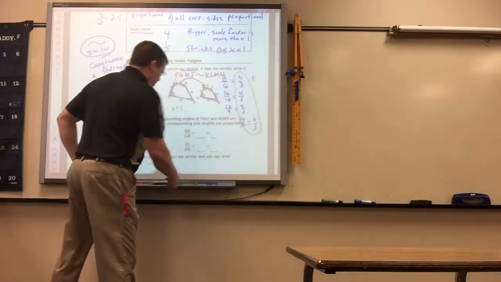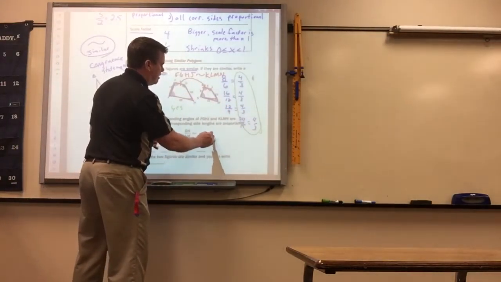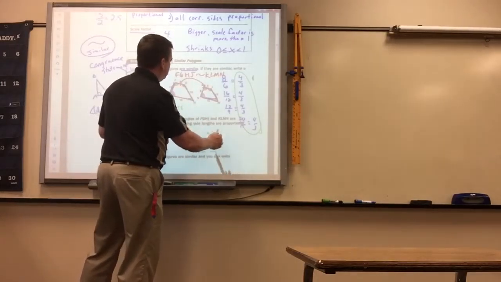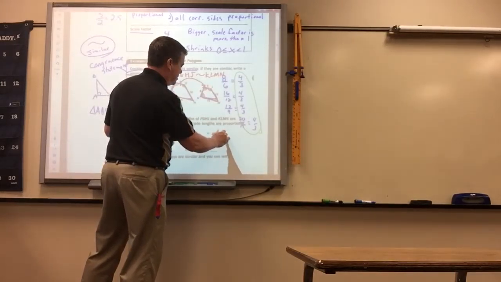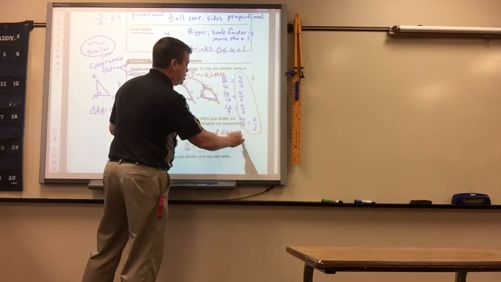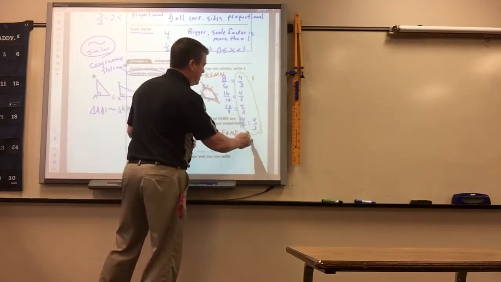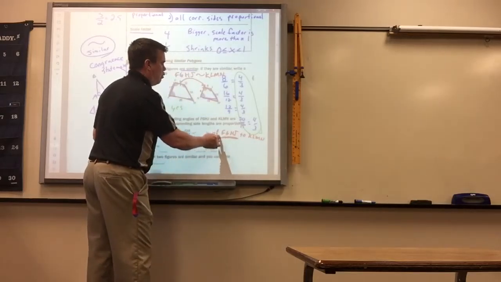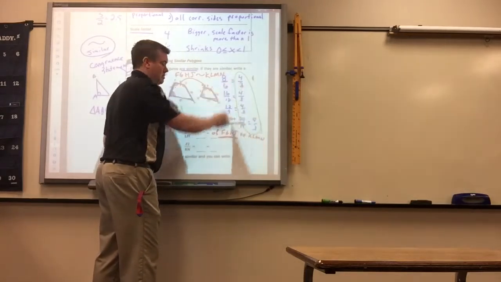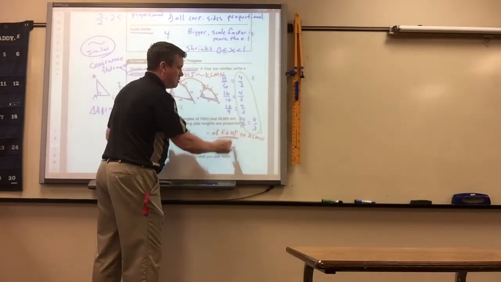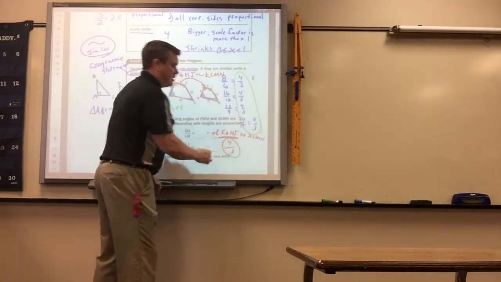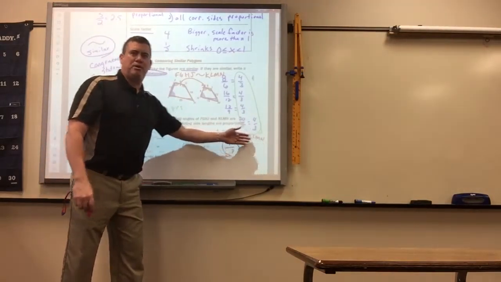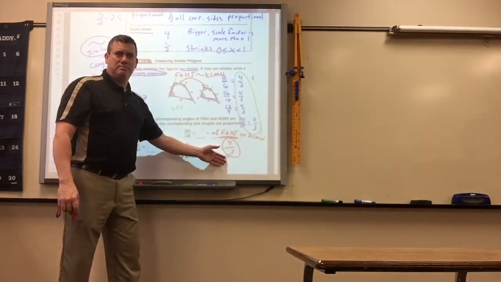But if they told you to find the scale factor of FGHJ to KLMN, that means you'd put this one first, which would be the top number, right? To the second one. So if they tell you what order to put it in, then you put it in that order. Alright?